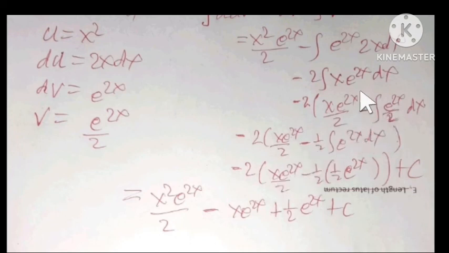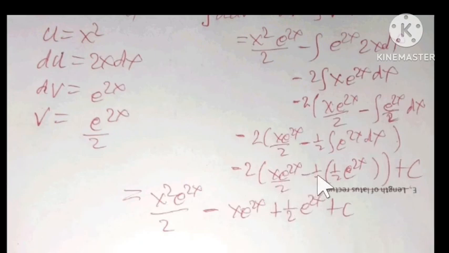Then the solution for the integral of x e to the power of 2x is x e to the power of 2x over 2, minus 1 over 2 out of the integral part of e to the power of 2x, which is also 1 over 2 e to the power of 2x, then plus c.